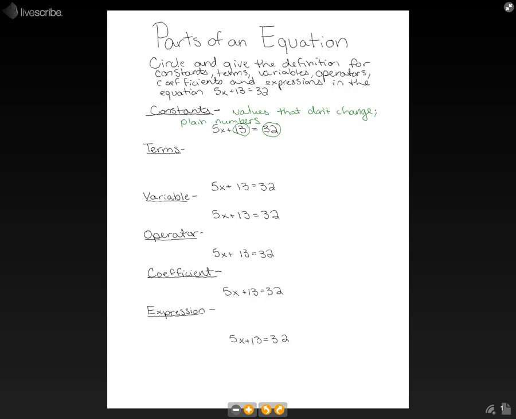Next, we're going to look at terms. Terms are a part of a sum in an algebraic expression, and you could also say they're a single number, variable, or a number multiplied onto a variable.